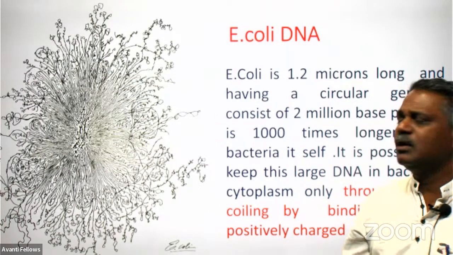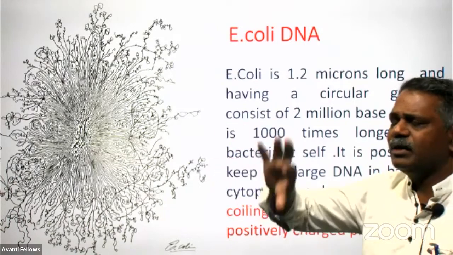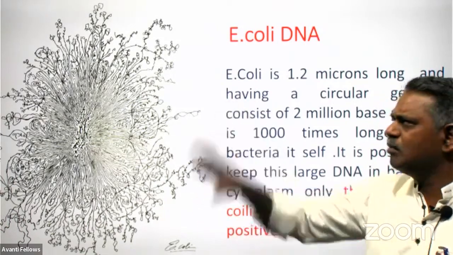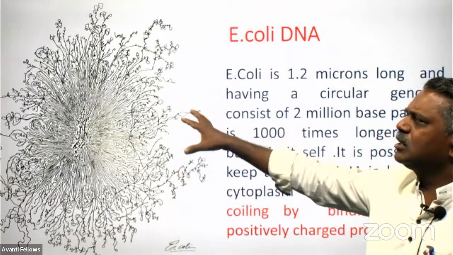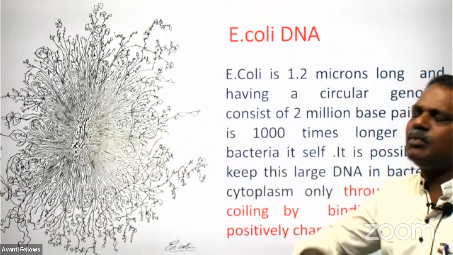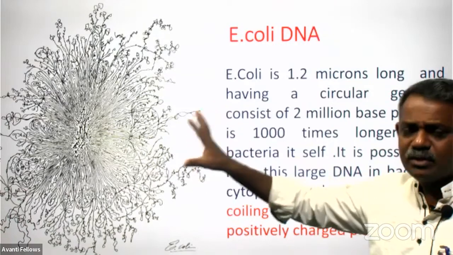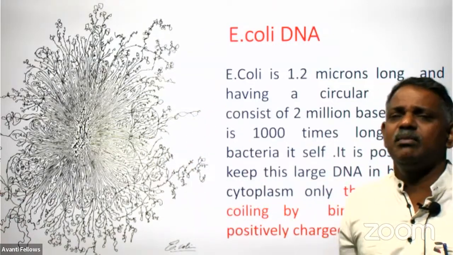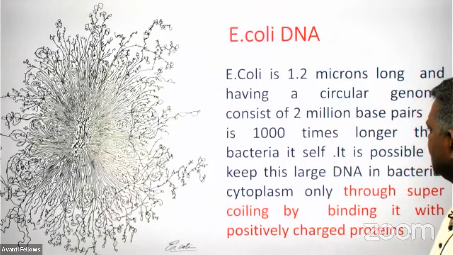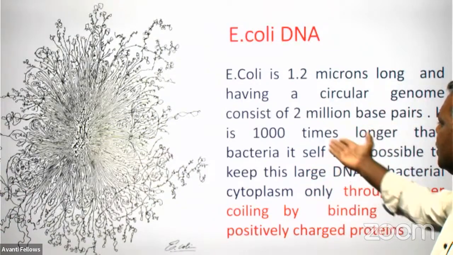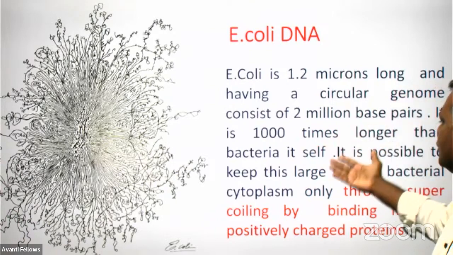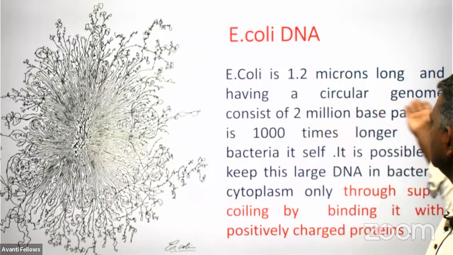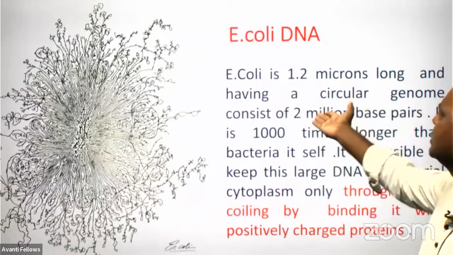I told you in the nuclear region we can find the positively charged protein, and this protein binds with the negatively charged DNA, which goes for supercoiling. Otherwise it is not possible to keep it inside the cell cytoplasm, because it is 1,000 times longer than the bacteria, and the total number of base pairs present in the E.